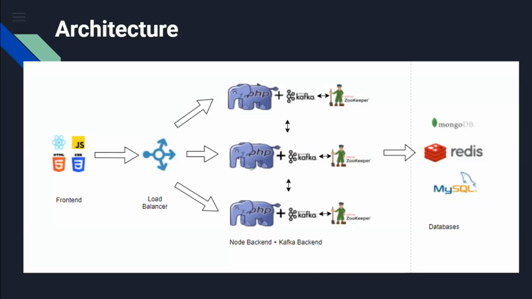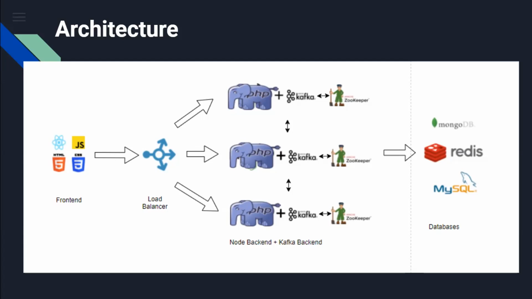We will mostly be configuring it using the Amazon guidelines, and we'll configure it with 3 backend servers. On the backend, we will have PHP with Kafka.